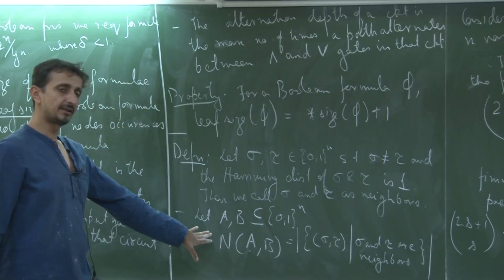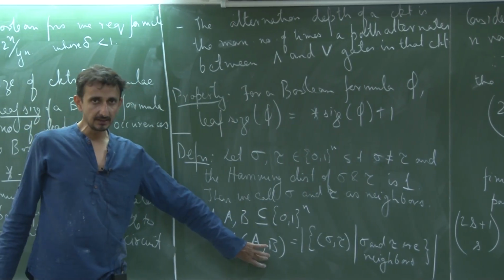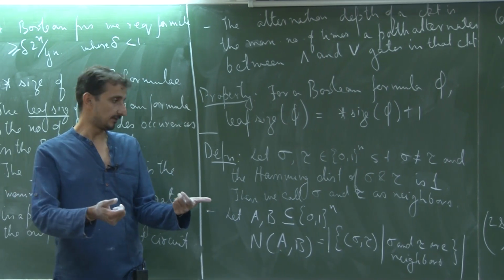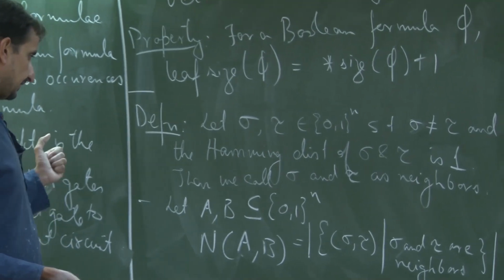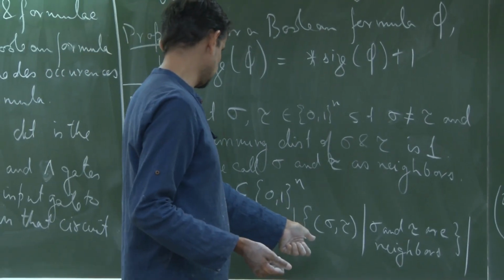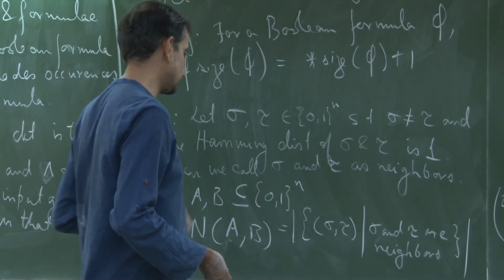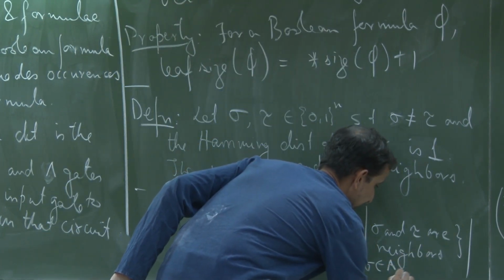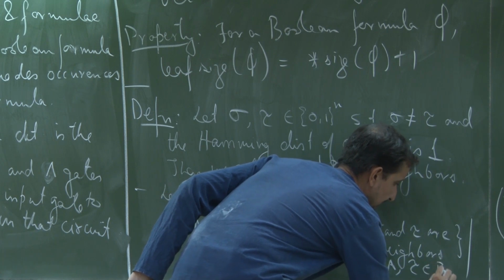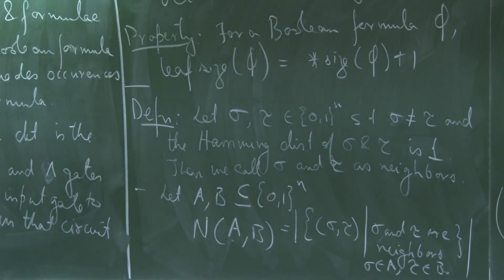What are we counting over here? Take two sets A and B, and I am counting the pairs where sigma and tau are neighbors, and sigma is in A and tau is in B.